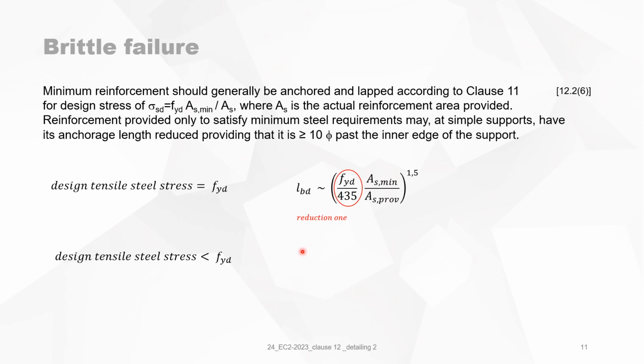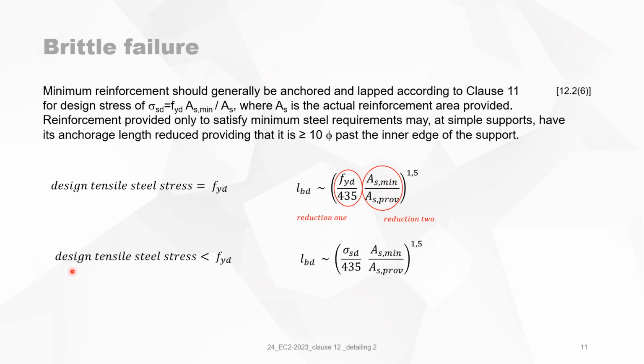The first one gives you a reduction if fyk, the characteristic value of fyd, is smaller than 435, then you can have a reduction factor 1, and a reduction factor 2 when you put more reinforcement than the required minimum reinforcement. So don't forget, you have two reduction factors. It is not proportional to the power 1, but to the power 1.5.